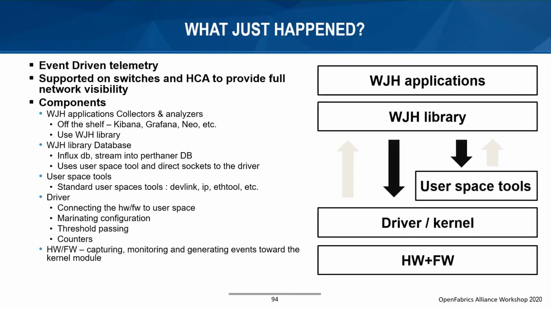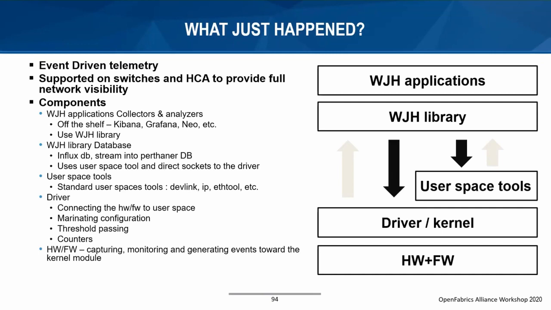Okay, so what just happened? What Just Happened is another tool that we have developed. It's part of devlink. Devlink is another package which is part of iproute2, and in the last 2-3 years we have been pushing a lot of code there.